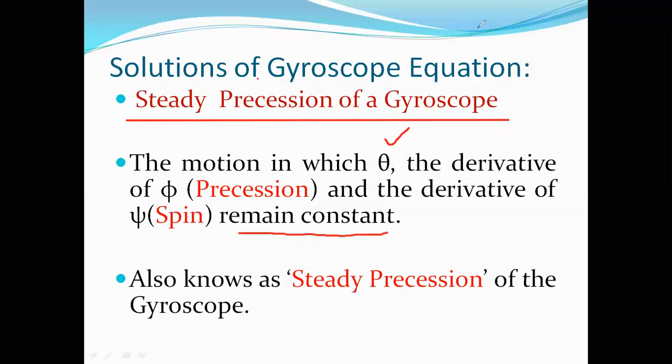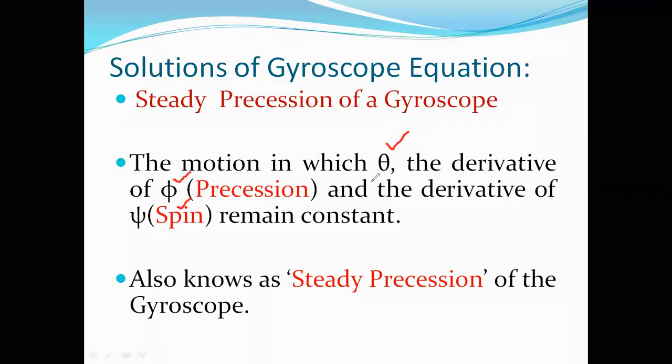So when we talk about steady precession, we quantize a few parameters associated with the gyroscopic motion: we quantize the angle theta, the precession, and the spin. That is, these three quantities associated with the gyroscope remain constant.